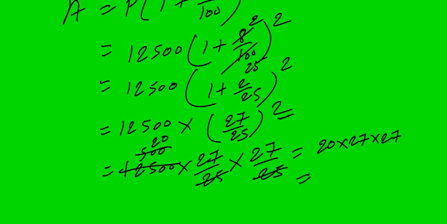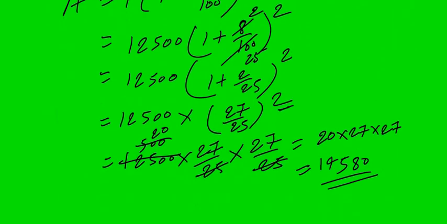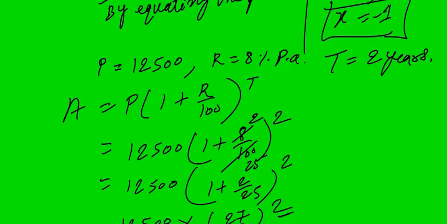Finally when you multiply it, the answer will be 14,580. So after 2 years the population of the town will be 14,580. So this is the solution of question number 15.